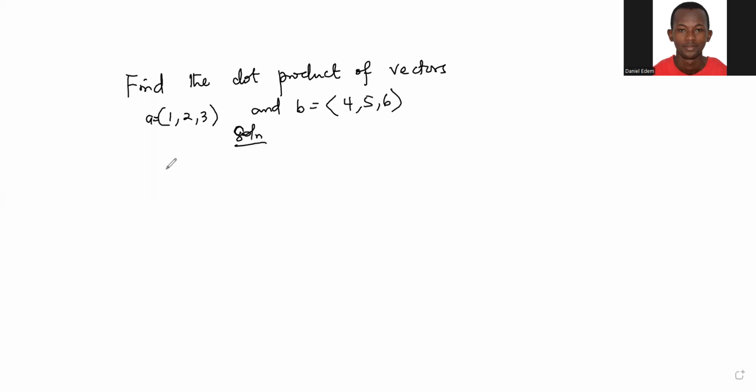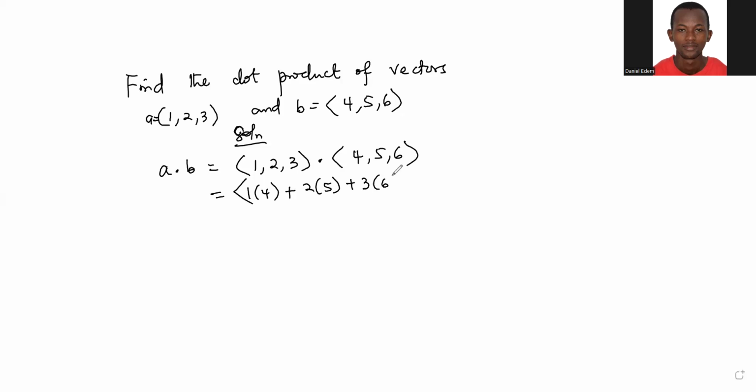So once again, the dot product of A and B, which is your 1, 2, 3, will be 1 times 4 component wise, plus 2 times 5 plus 3 times 6.